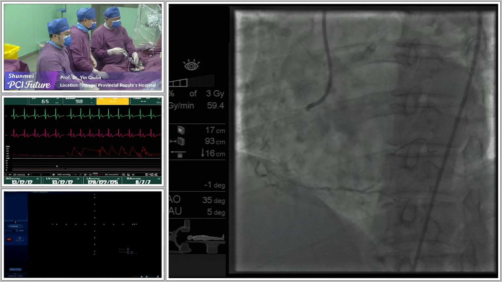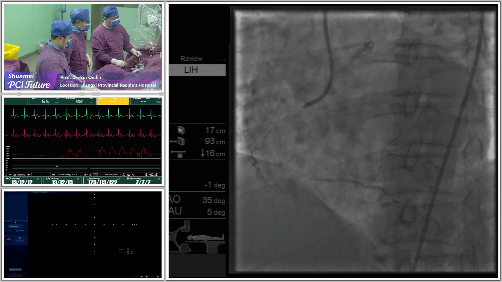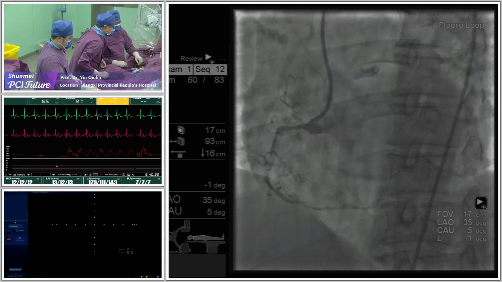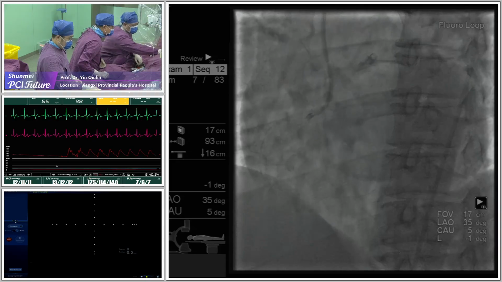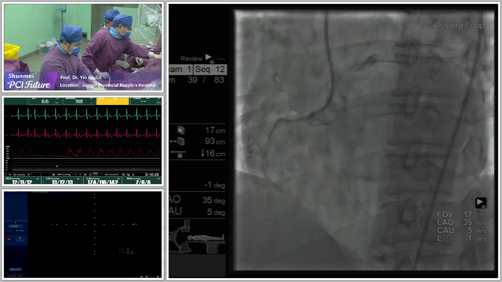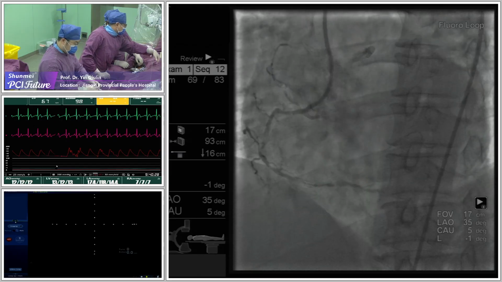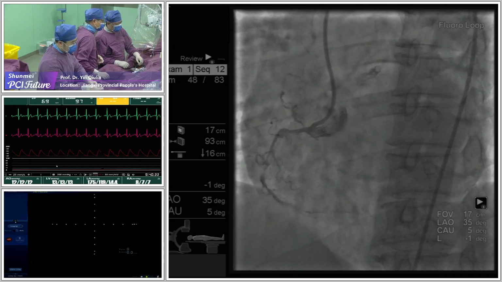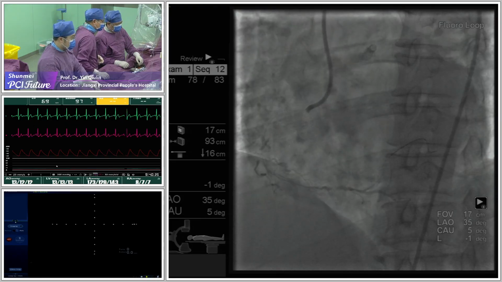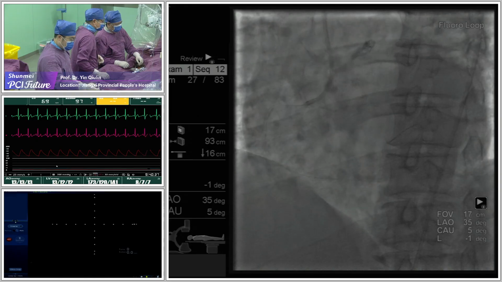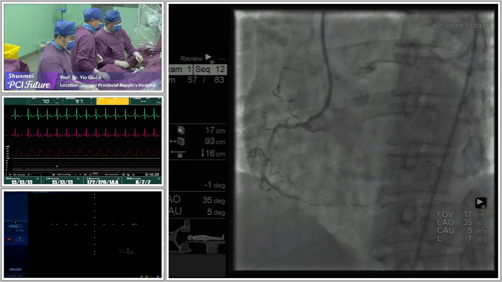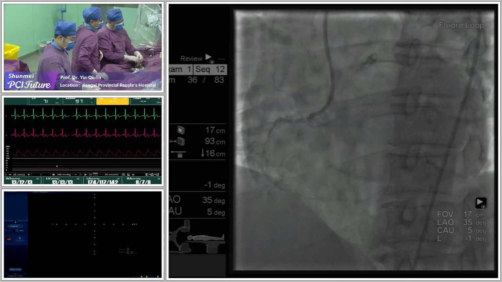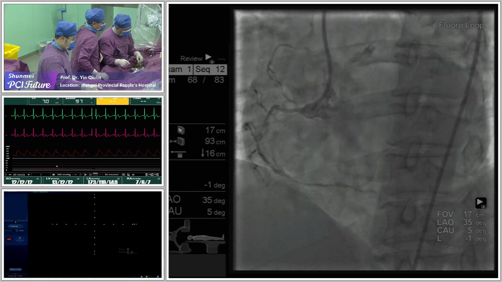This is the patient's ECG, and we can see some Q-infarct sign on V1 to V3, suggesting he had an MI history. We did an angiogram for this patient, and this is the caudal view, and we can see that the LAD was totally occluded in the proximal segment.